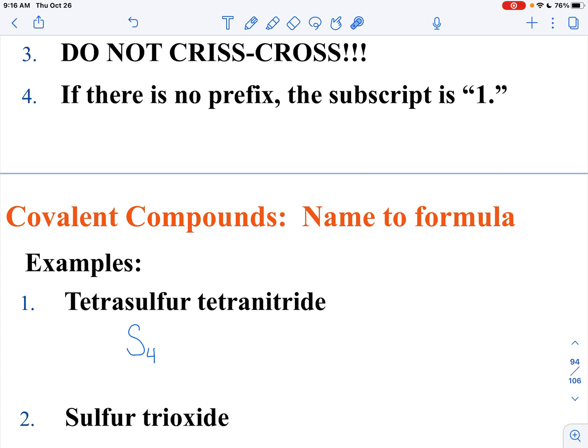You look at the second word. Find the element in that. Tetranitride. The element must be nitrogen. We already know tetra is 4. We just did that. That's your answer. You do not simplify. That is it. That is the whole answer.